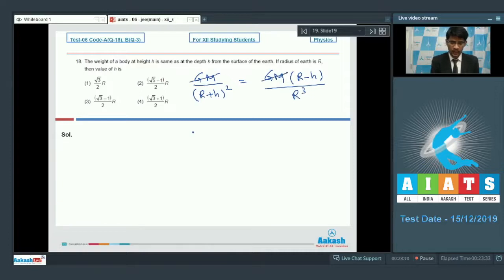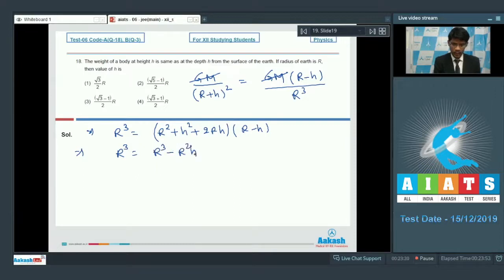These two portions will cancel out, and we'll be getting r cube would be equal to (r square plus h square plus 2rh) into (r minus h), or proceeding with it, r cube minus r square h plus rh square minus h cube plus 2r square h minus 2r h square.